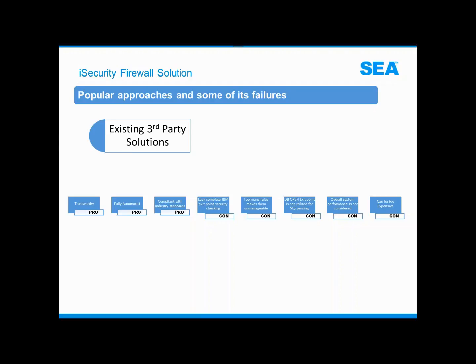Many of these third-party solutions do not have the ability to utilize the newest and latest exit points that are being developed by IBM, especially for SQL parsing, and the overall system performance is not often considered.